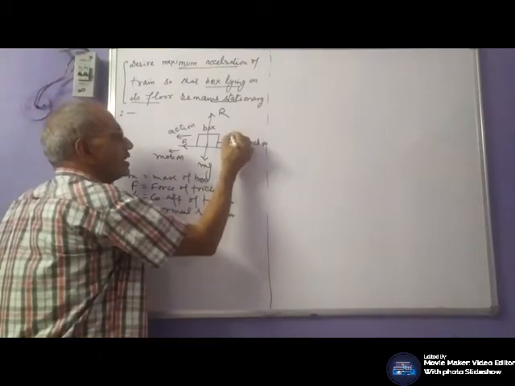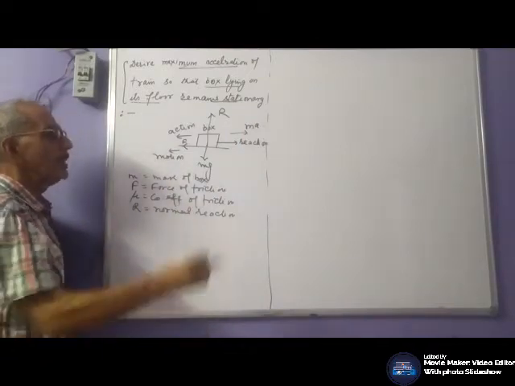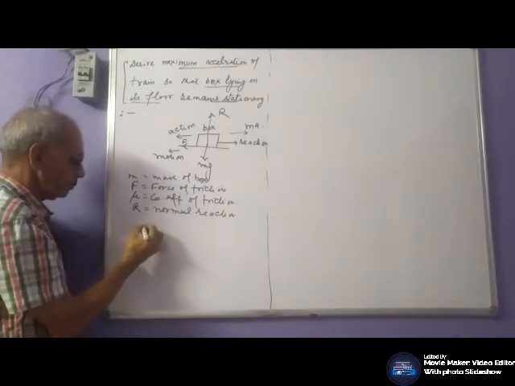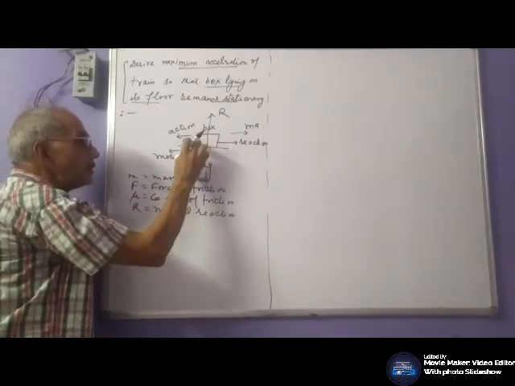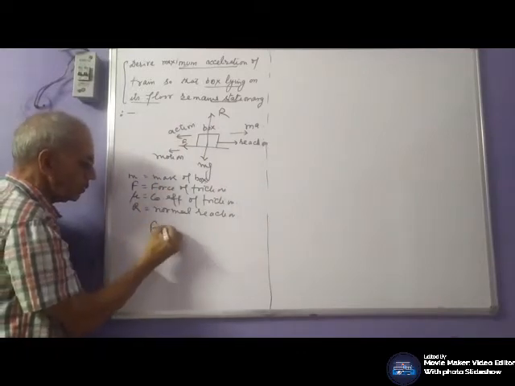If this is the reaction, this will be the force. If A is the acceleration of the block, the force is ma, and it remains stationary, so these forces are equal and opposite.